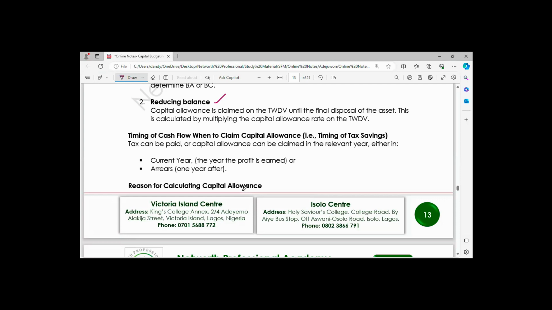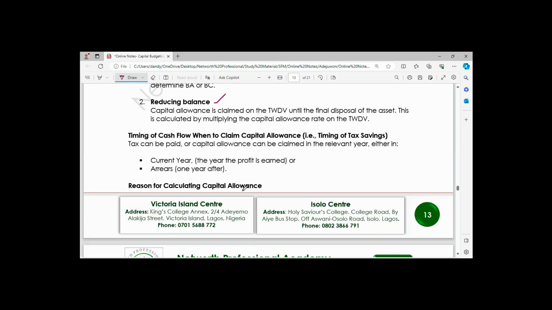But there is one more important thing you need to understand here: your tax saved on capital allowance must follow the pattern of your tax liability. I repeat, the tax saved on capital allowance must follow the pattern of tax liability, which means that if your tax liability is in the current year, your tax saved on capital allowance must also be in the current year.